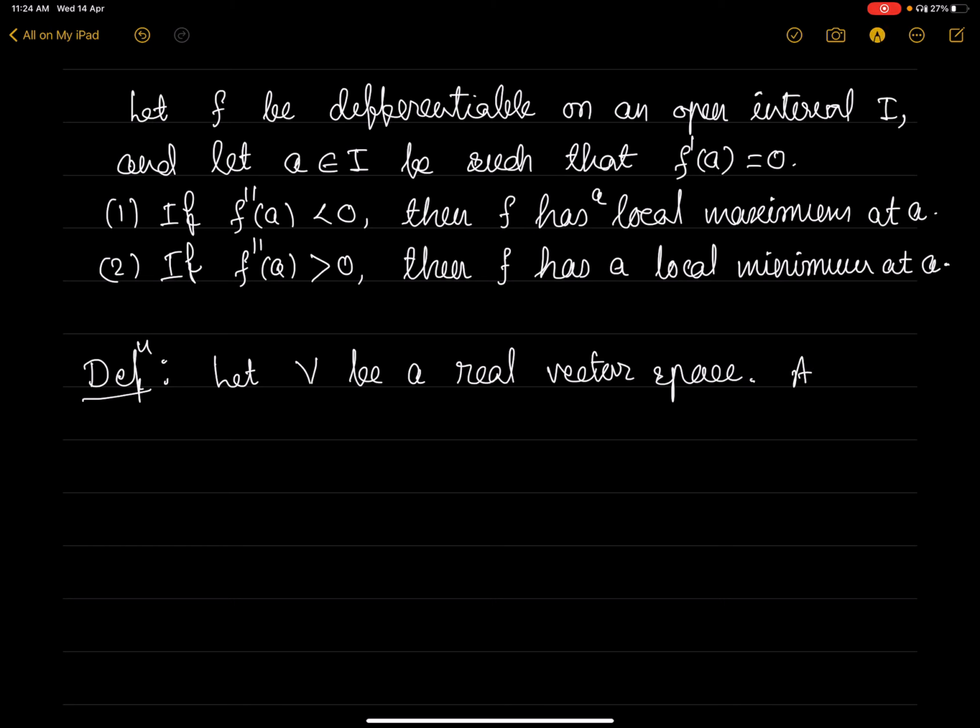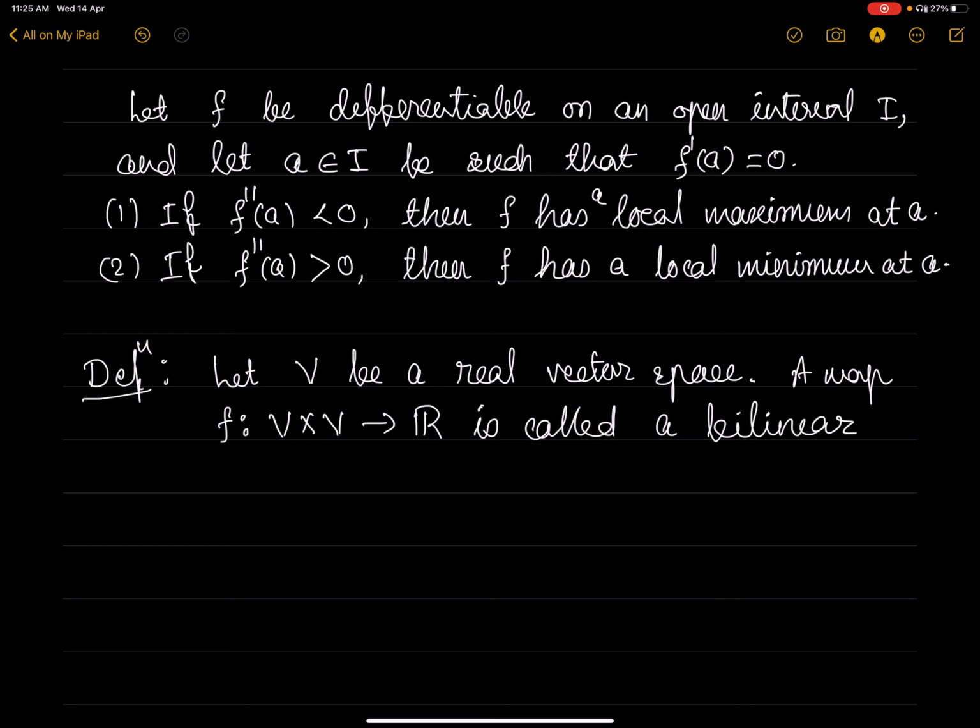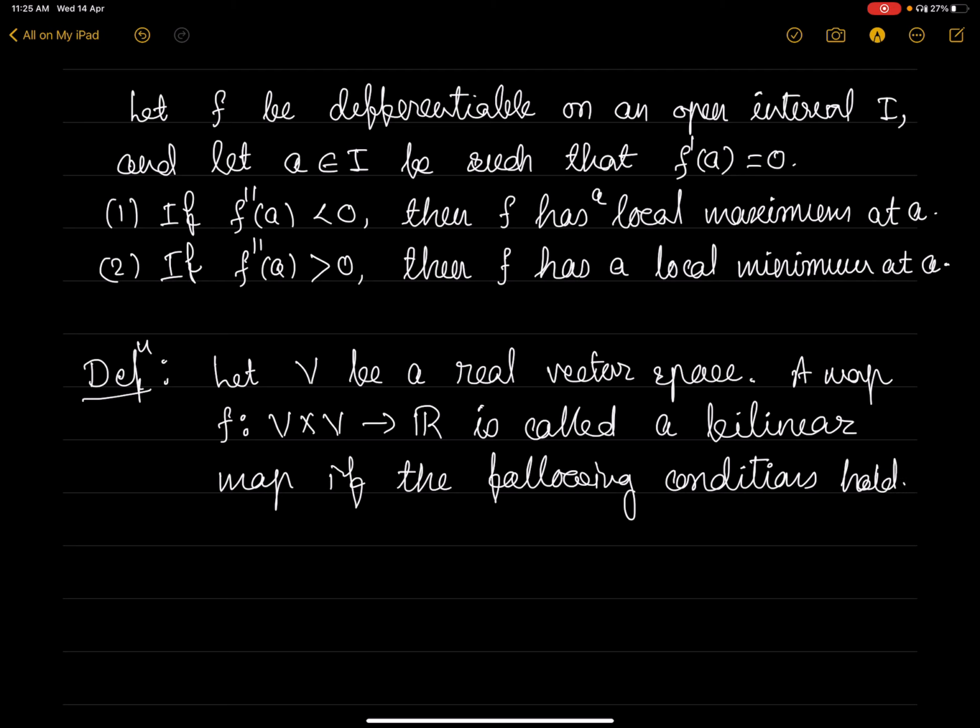A map f from V cross V to R is called a bilinear map if the following conditions hold.